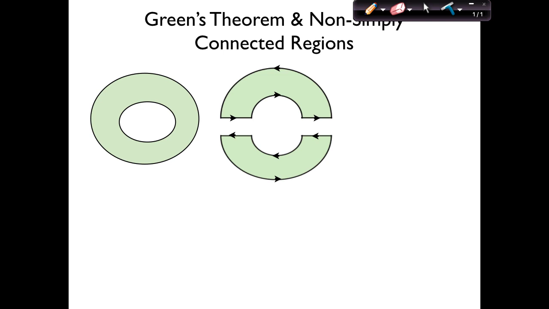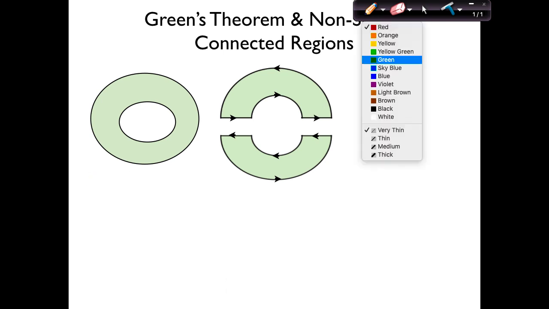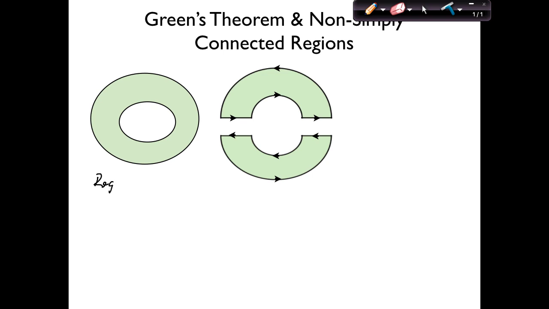So this is region D with boundary C. And this is still region D with boundary C, but it's just cut apart. I'll call this one C2 and this C1.